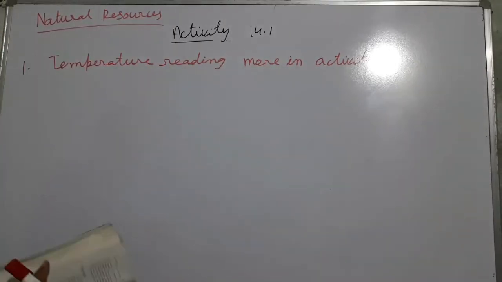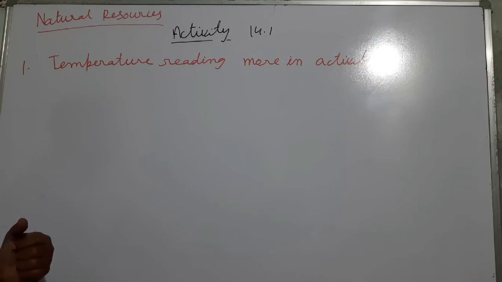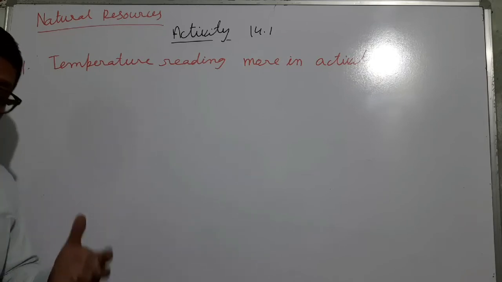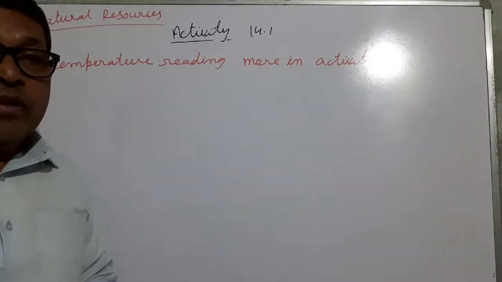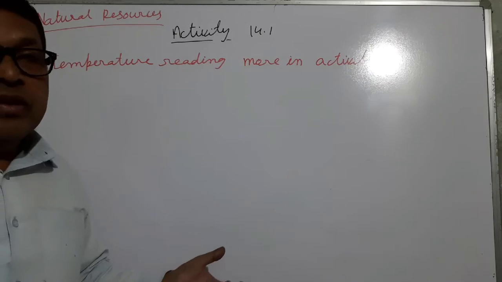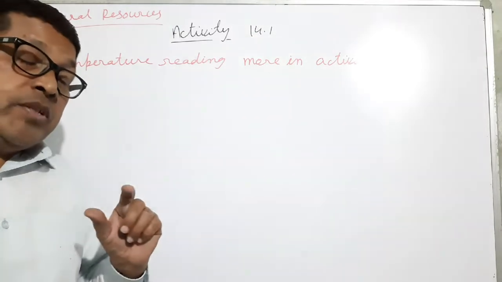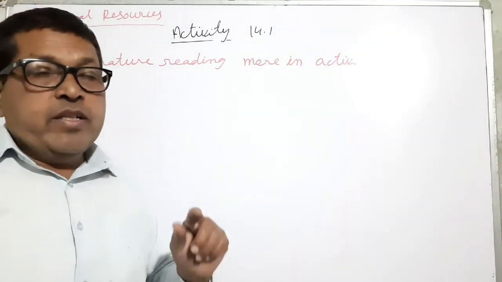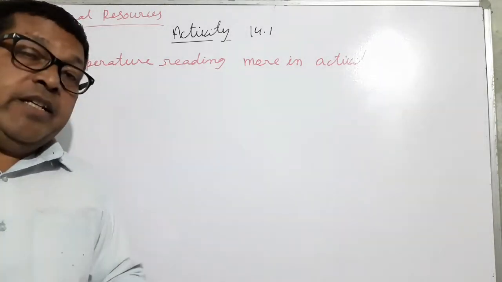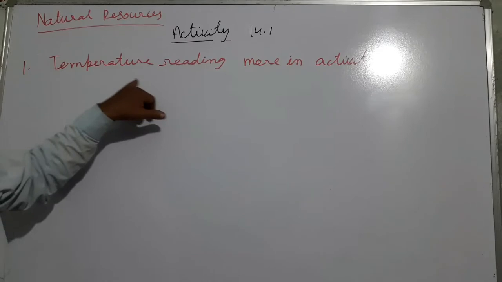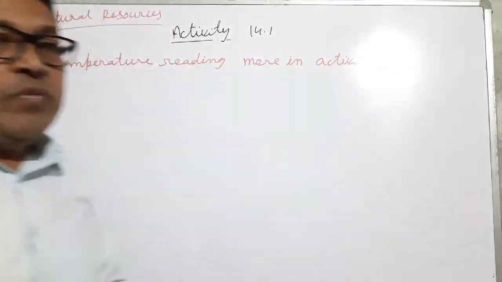In one word, the temperature of the beaker containing soil or sand will be more in comparison to the beaker containing water. The beaker containing water is first and the beaker containing soil is second, so the second beaker will have more temperature than the first.